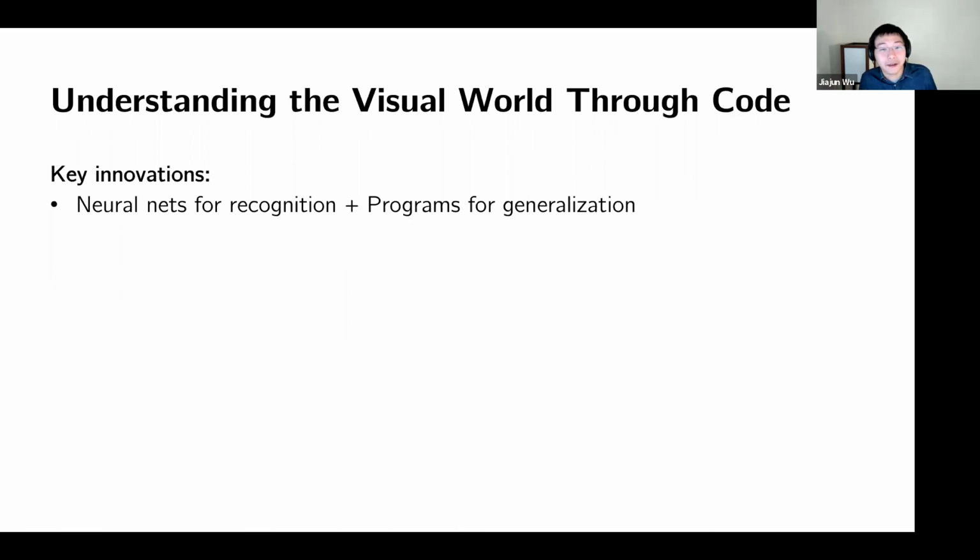This is something that neural networks are not very good at. So the key innovation behind all these works is that we use neural networks to find low-level visual cues, and then we use programs to help us generalize and combine them with neural networks for even very downstream computer vision tasks like video synthesis, shape synthesis, relighting, and stuff like that.